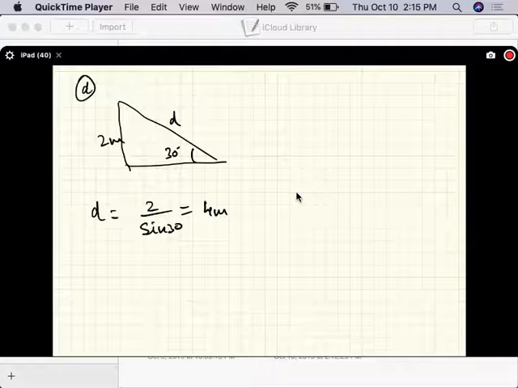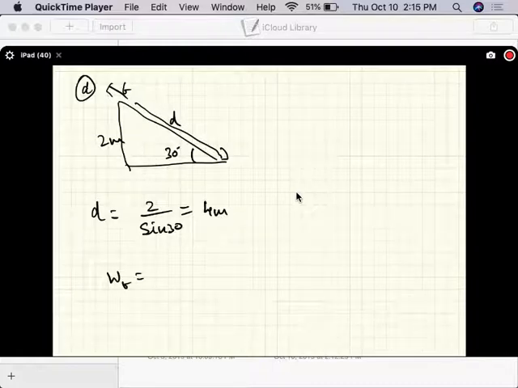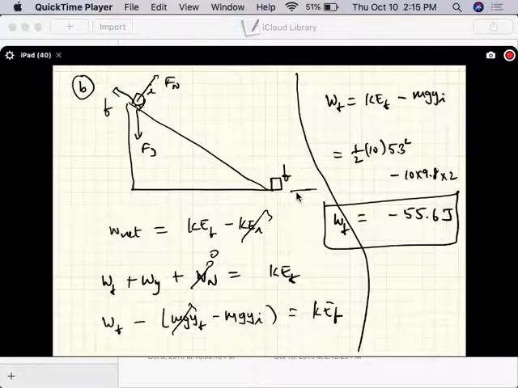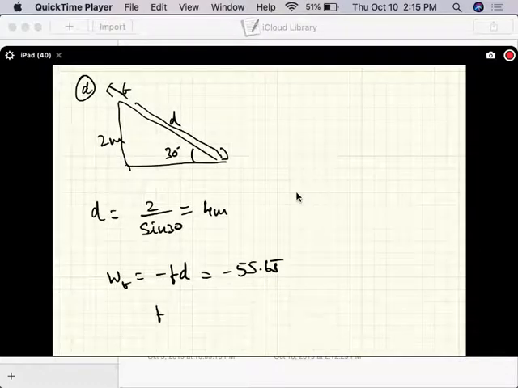And the work done by friction force is minus FD, equal to minus 55.6 joules. So the friction force was equal to 55.6 joules divided by 4 meters, and that is equal to 13.9 newtons.